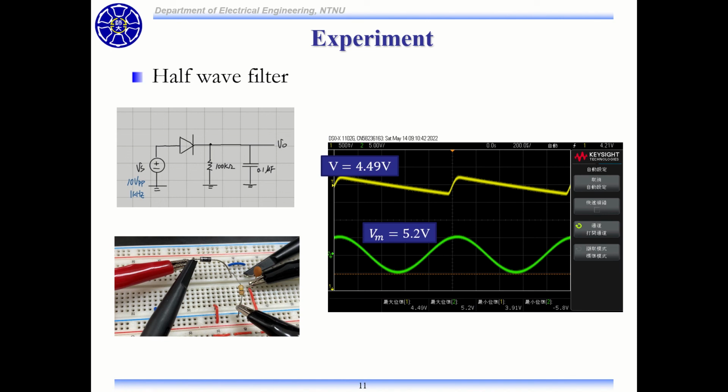We see in the oscilloscope, we can see Vin is 5.2 and the Vout is 4.49. And you can see the charge and discharge.